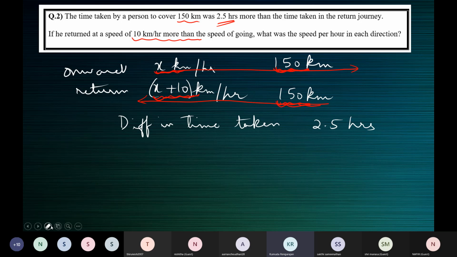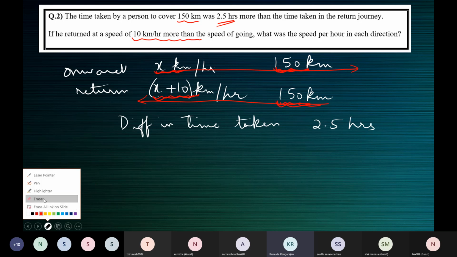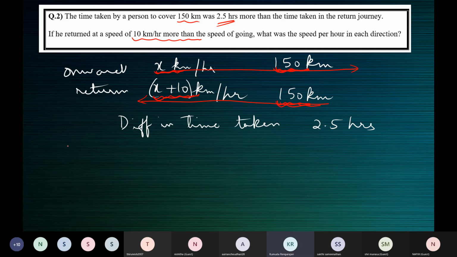The difference in time taken, that is time taken for the onward journey minus the time taken for the return journey, is equal to 5 by 2. 2.5 or 5 by 2. That's what he's telling there. You please read it.